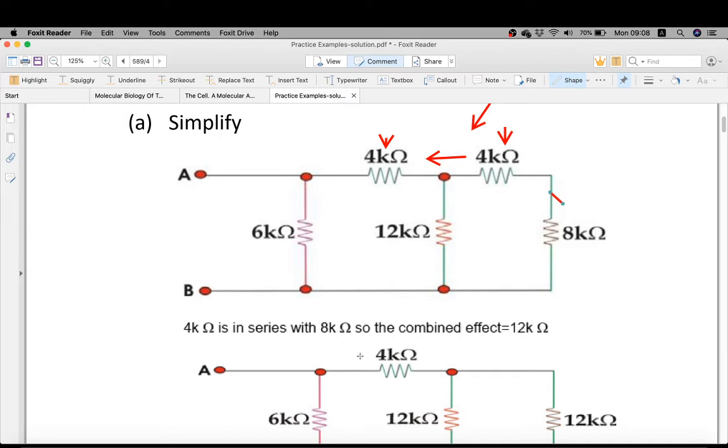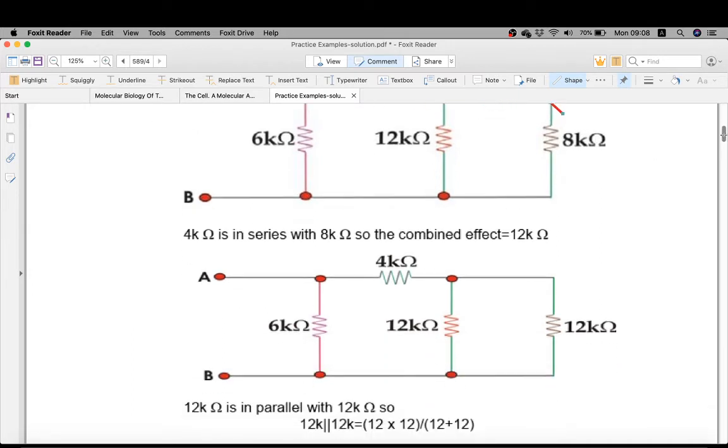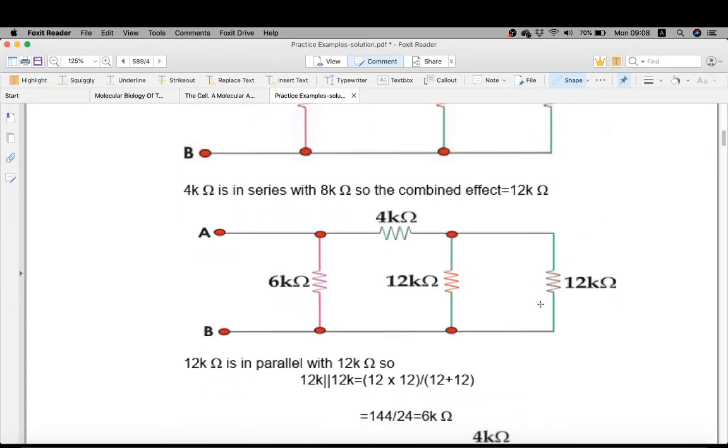In series, resistors we just add them, so the answer is 8 plus 4, 12. Similarly, now these two resistors are in parallel with each other, so we will take the reciprocal. 12 into 12 divided by 12 plus 12, the answer will be 6 kilo ohm.